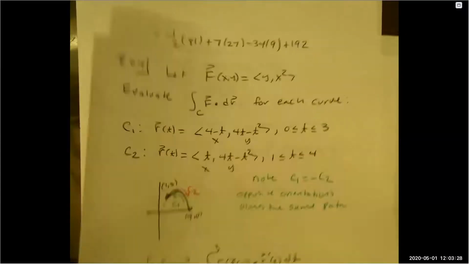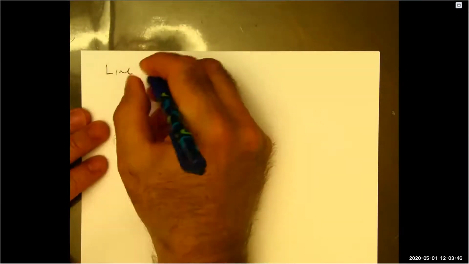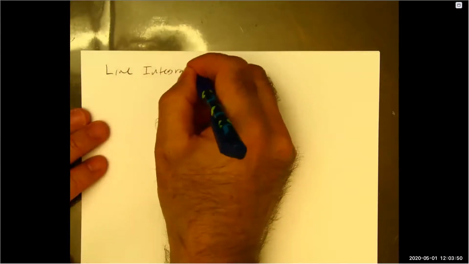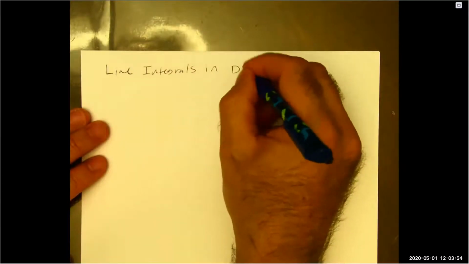All right, so a common way that you're going to see a lot when you're talking about line integrals of vector fields, they're often given in what's called differential form. So we're going to talk about line integrals in differential form.